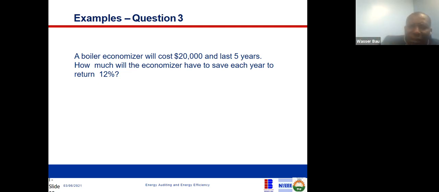Now, the question is, how much do we need to be saving in our energy costs? How much will the company be saving due to the installation of this boiler if the prevailing interest rate is 12%, or if the company that they're installing this thing for wants to make a profit of 12%?